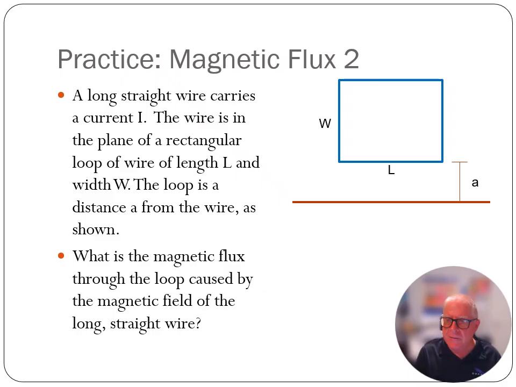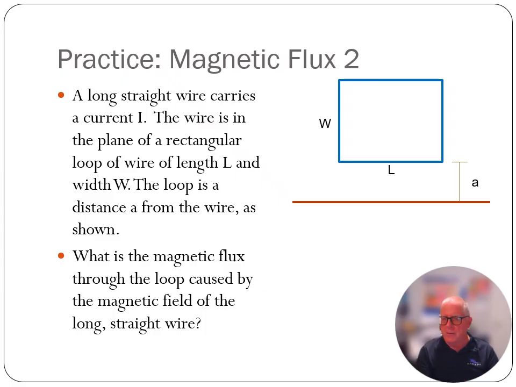First, let's see that there is a flux in this loop of width W and length L. If you remember how you determine the direction of the magnetic field produced by a long straight wire, you can use your right hand and have your right thumb pointing the direction of the current.